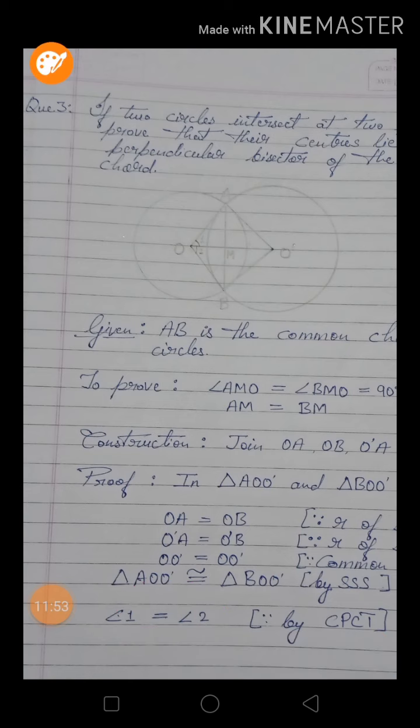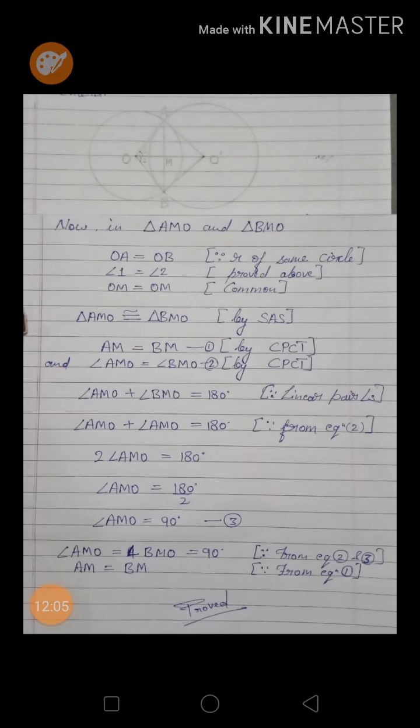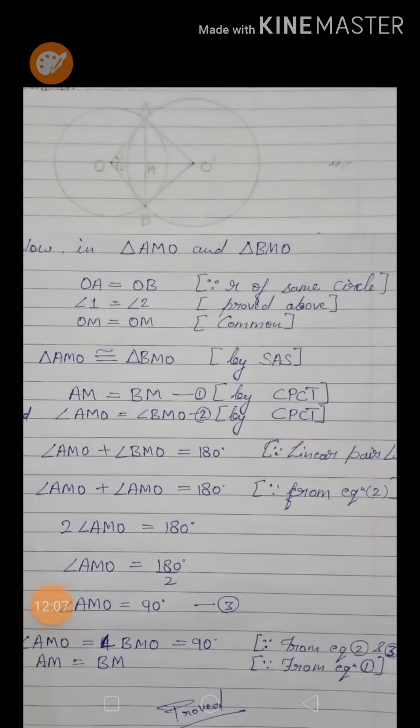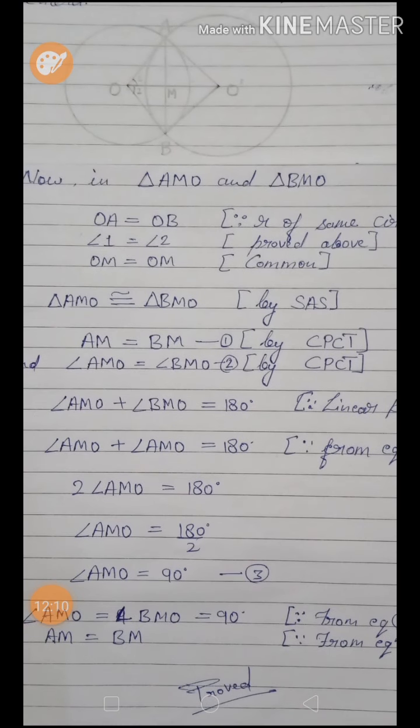Now come to the next. We need to prove that AM is equal to BM and these two angles are of 90 degrees. So now we are taking triangles AMO and BMO.